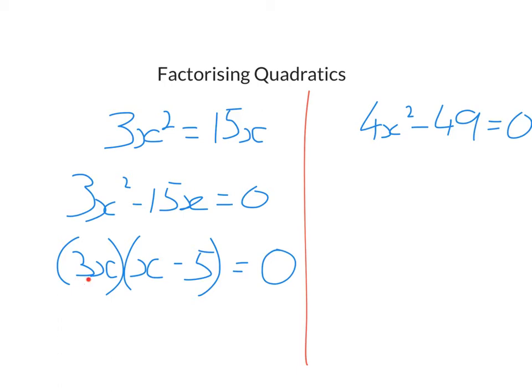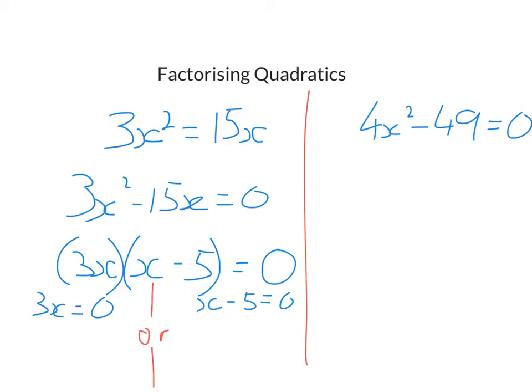If we get to the point where we have 2 brackets equal to 0, we can let each of those brackets individually equal 0. Each of them will give us a possible solution. There's 2, that's why I'm writing 'or' here. So we can say 3x is equal to 0, or we can say x minus 5 is equal to 0.